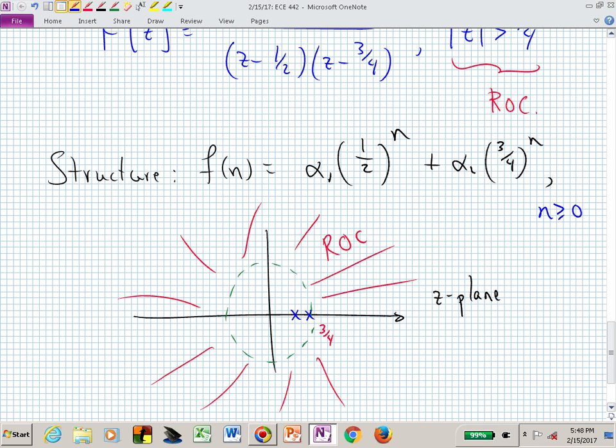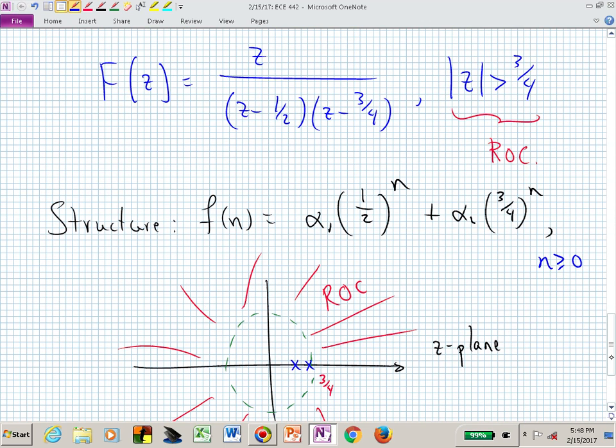So now we know, and can you tell me anything about the bounded nature of the response based on what I have on the page? You could answer this question using a couple of different pieces of information on the screen. Now I'm asking, is this little f of n bounded for all n?